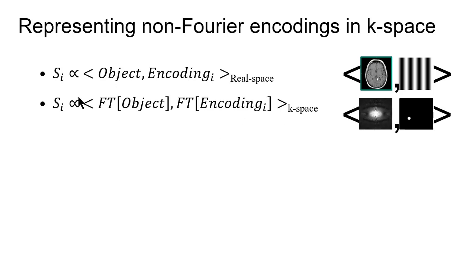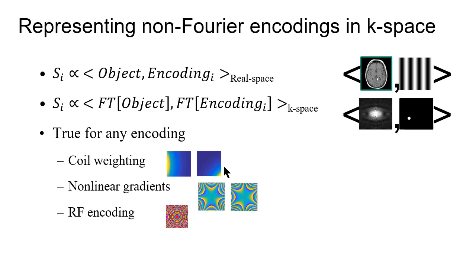So now we are saying that our signal is basically equivalent to an inner product of the object's k-space and the Fourier transform of this, which is like a bunch of zeros and a 1. So what this is telling us is that our signal is picking out one point in k-space, which is good. We already knew that. But what's interesting is that this second interpretation is not limited to Fourier encodings.